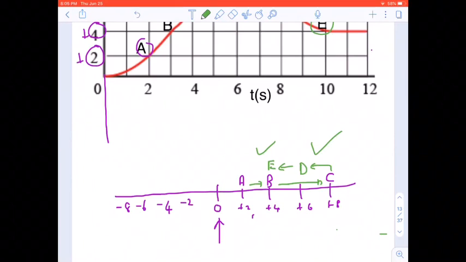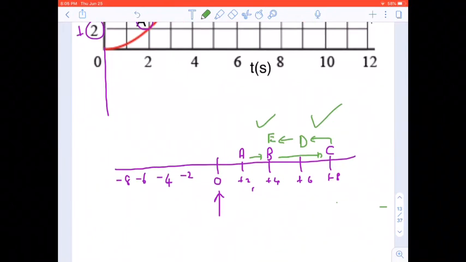So if you have, for instance, the curve of a position time graph and you can translate that to a coordinate line, you will see that when you're dealing with equations of motion, you will have a much better sense of the direction of particles, the velocity of particles, and also on which side of the coordinate line you will be able to find a particular particle. But more of that when we deal with graphs of motion.